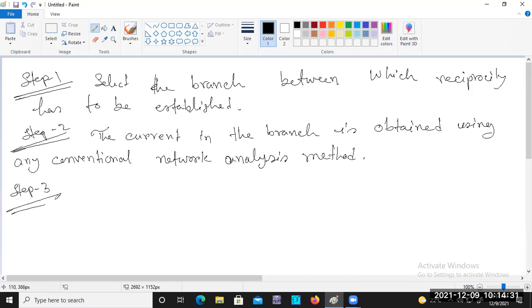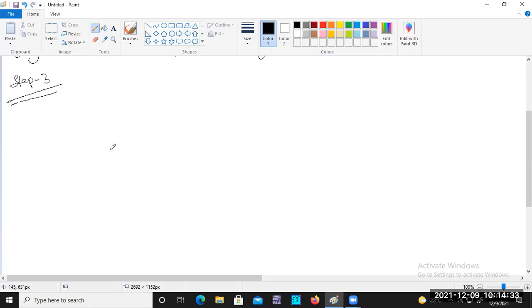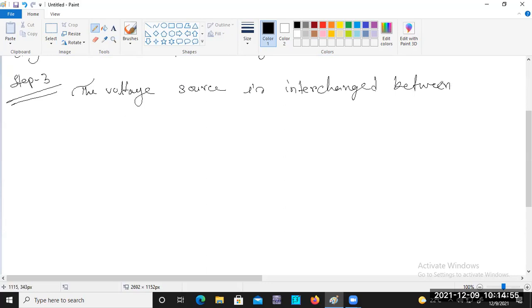Step 3: the voltage source is interchanged between the branch selected.